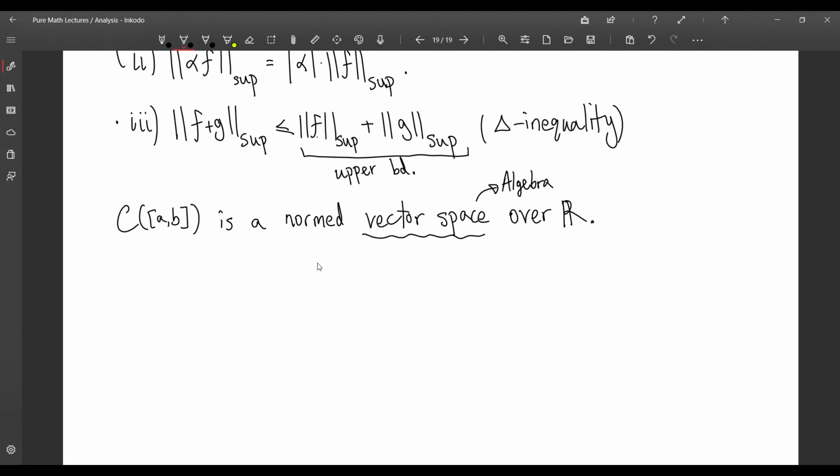And so essentially the key ingredients in a vector space are a zero, right? So I guess you could define a zero function to just be equal to 0 everywhere.